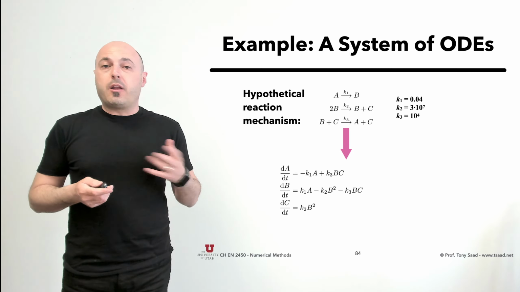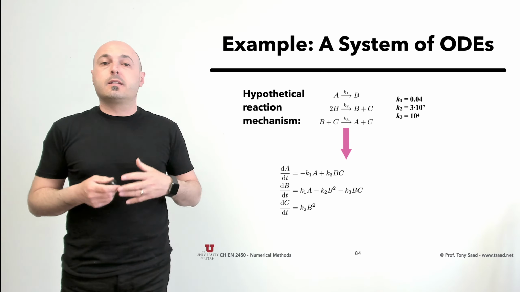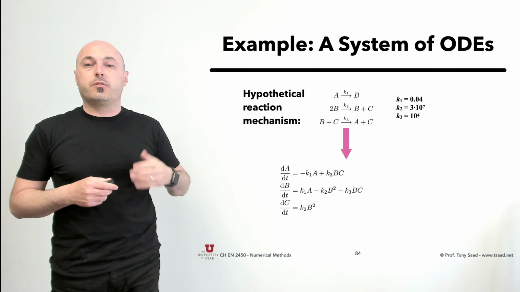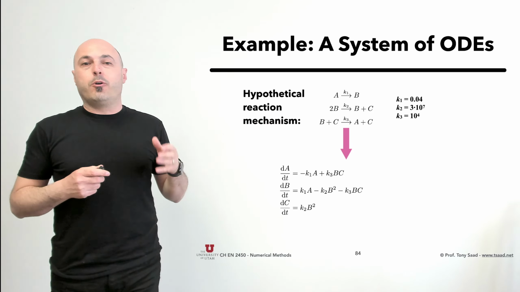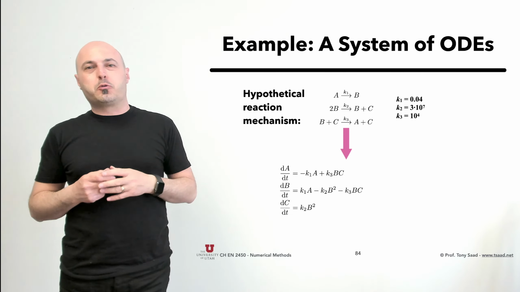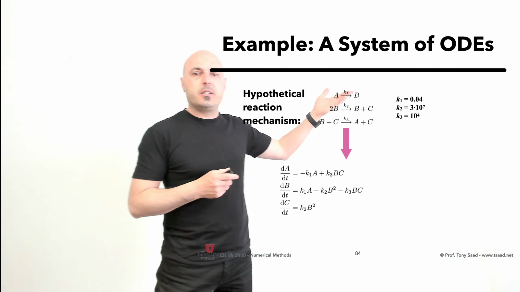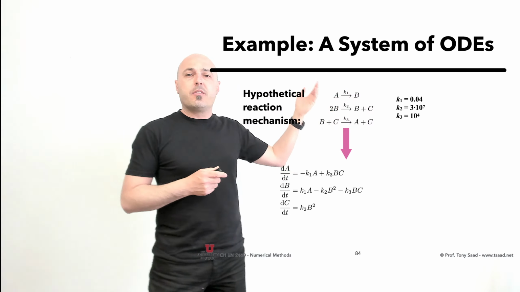Okay. Another type of systems of ODEs that you're going to encounter as chemical engineers come from kinetics with reaction mechanisms, and those are almost identical to compartment models where you have multiple reactants described here as A, B, and C, and they transform.